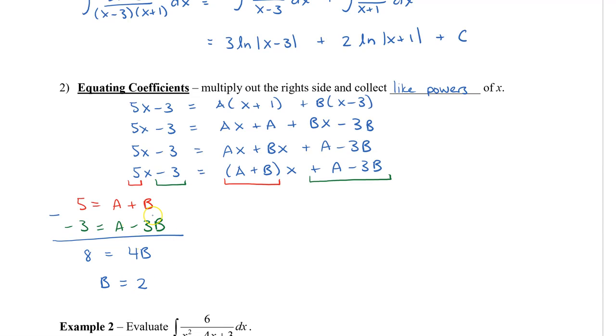So now that we know B is 2, we can plug this back into this red equation I have. So 5 equals A plus 2, so A equals 3.